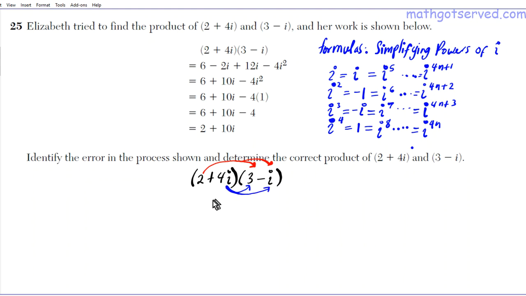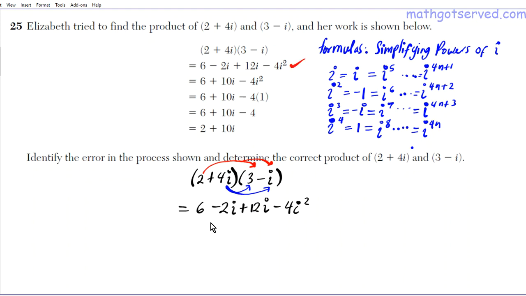Alrighty, so 2 times 3 is 6. 2 times -i is -2i. Positive 4i times 3 is positive 12i. Positive 4i times -i is minus 4i squared. Let's compare with what Elizabeth has. It's the same, so this line is correct.